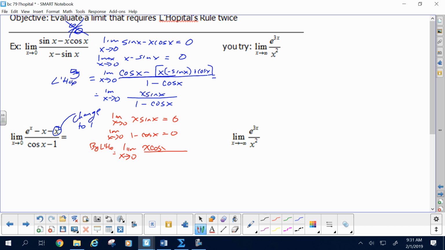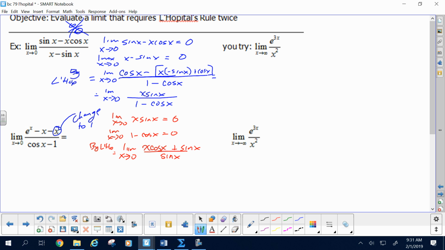X cosine of x plus sine of x. All right? The numerator is done. What's the denominator's derivative? Positive sine of x.